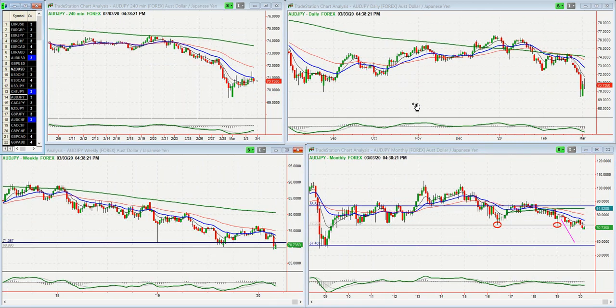Let's have a look here at the Australian dollar, the weakest currency against the yen. So clearly here as well, we are in a beginning downtrend. And price has broken two very important levels here with these circles, and it has been an important level before. We've got many price touches, so that's a sideways consolidation too.